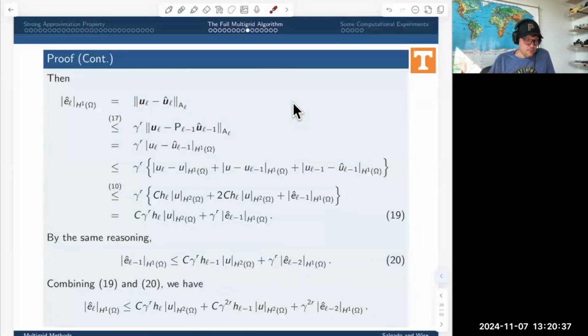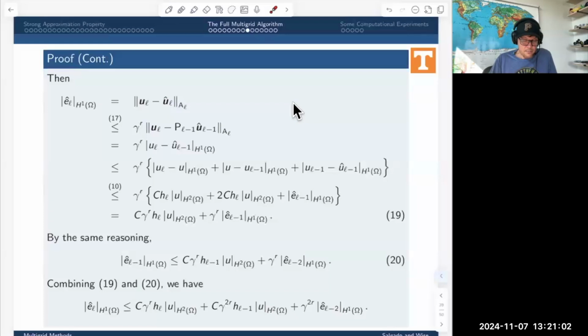All right, so this in H1, we argued, was this difference vector in the vector norm AL, the energy norm. This is less than or equal to gamma to the R times UL minus the prolongation of the solution at the previous level. This is how the algorithm is defined.